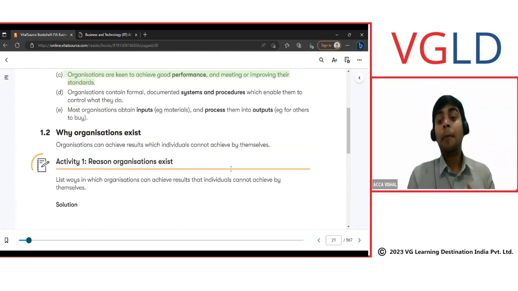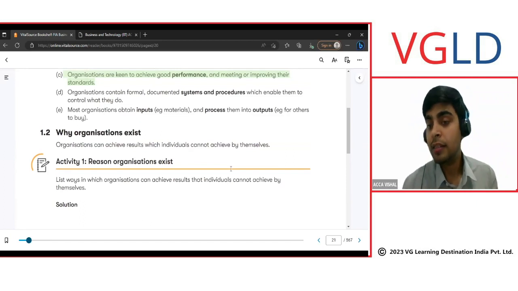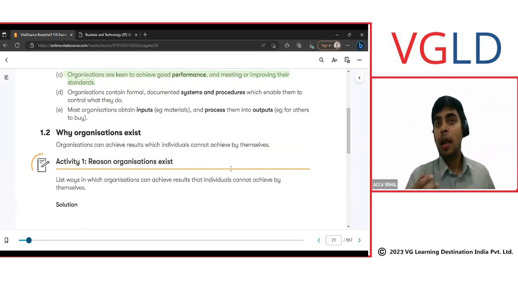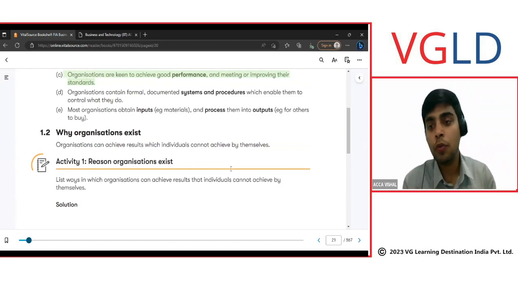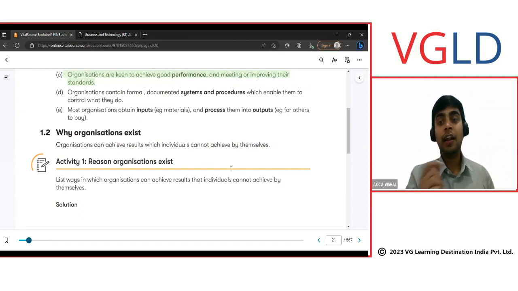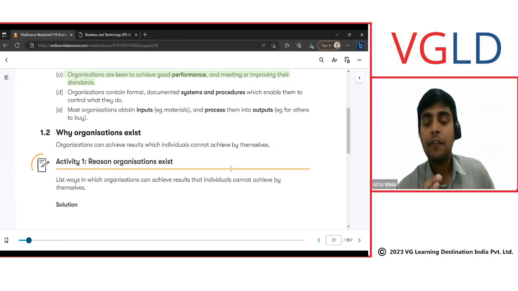So we have combined our power, and this is what synergy means. As individuals, 1 + 1 will be 2, but with synergy the effect would be really great. The effect will not be only 1 + 1 equals 2, but 1 + 1 equals 3. This is what synergy does.